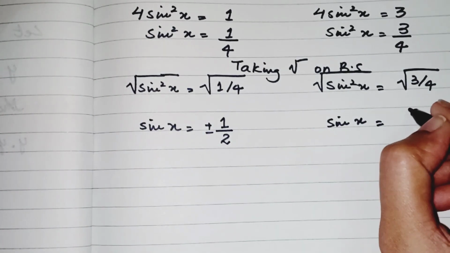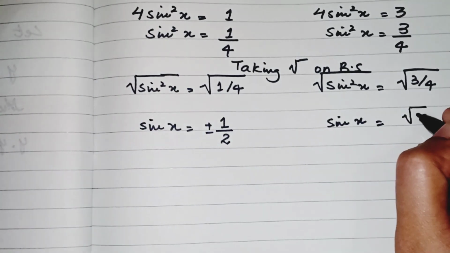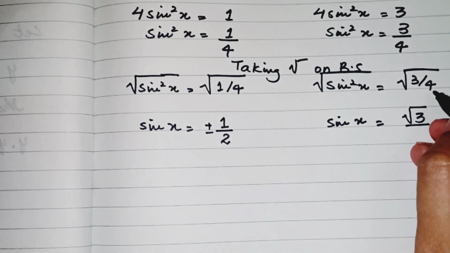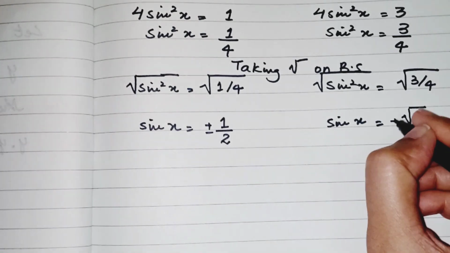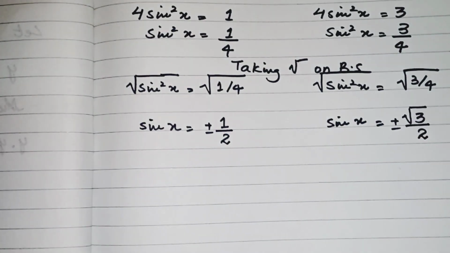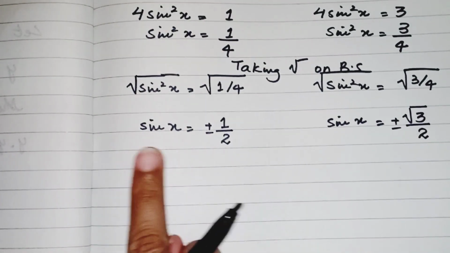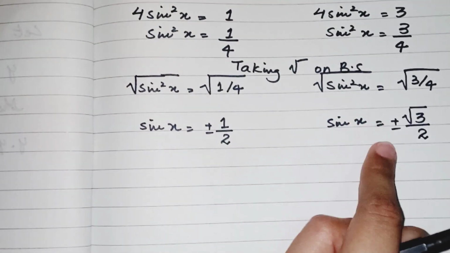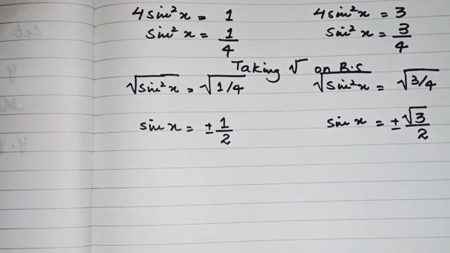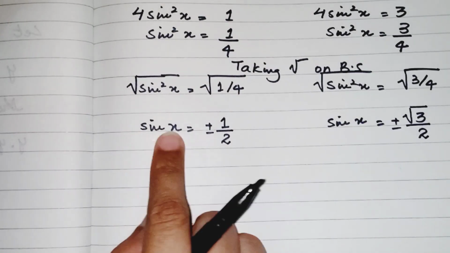We cannot find the root of 3, so it will remain inside the root, and the root of 4 is 2, as 4 is a perfect square number. So we have two values of sine x, which are plus minus 1 upon 2 and plus minus under root 3 upon 2.